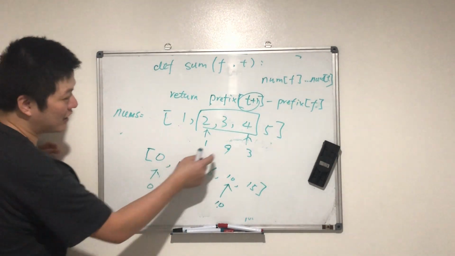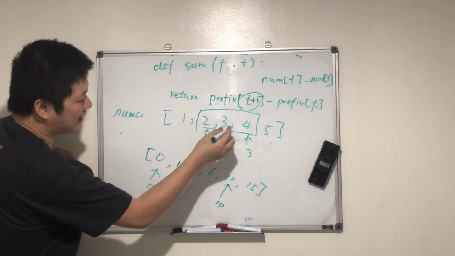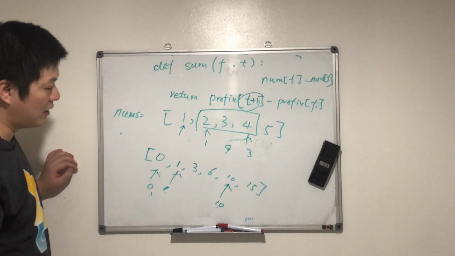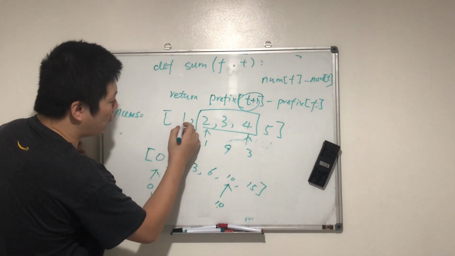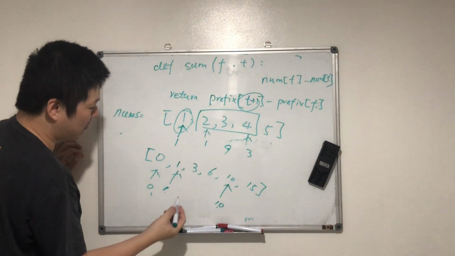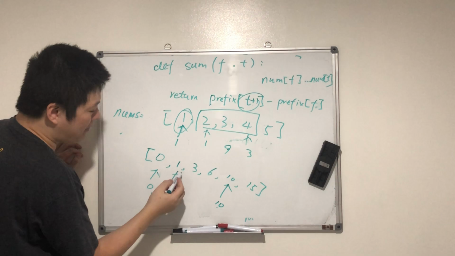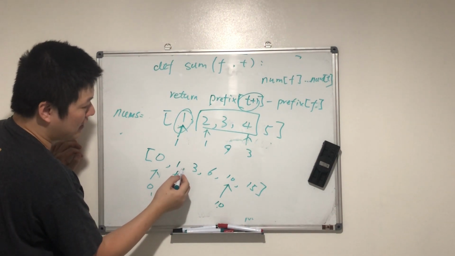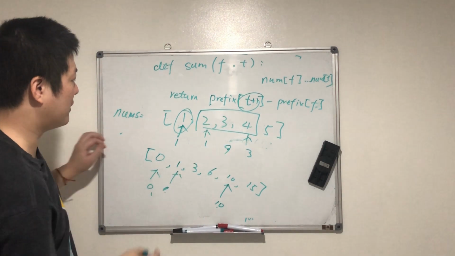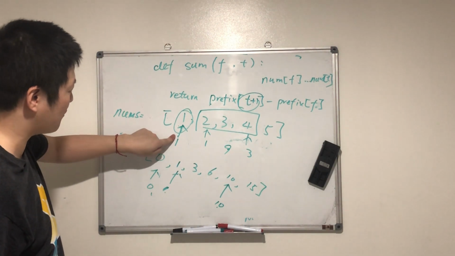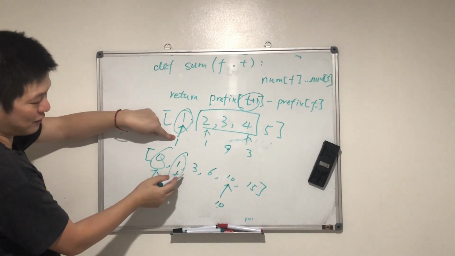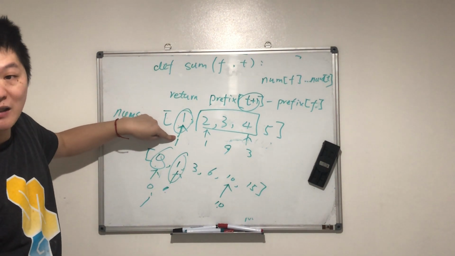If it's the same index, 1 to 1, then t is 1, t plus 1 is 2, and so on. This is 0, so 1 minus 0 is 1. Do you get it? Yes?